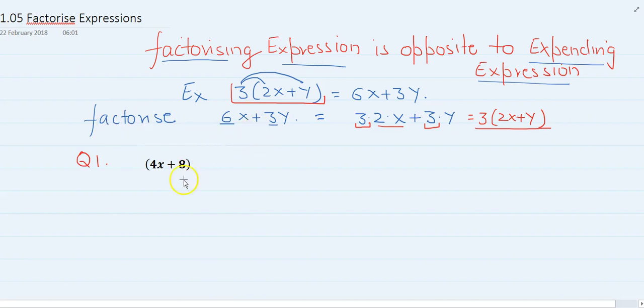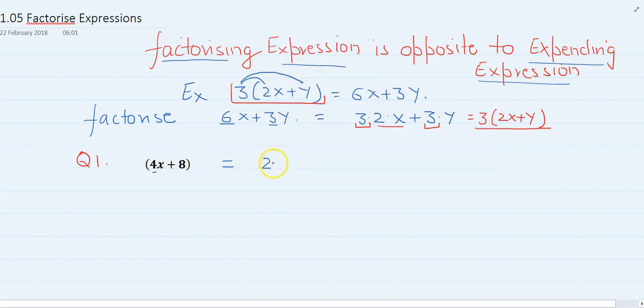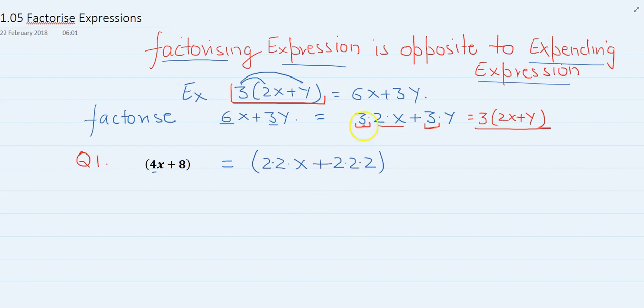Now let's factorize this expression, 4x + 8. The factors of 4 are 2 multiplied by 2, multiplied by x, plus the factors of 8, which are 2 multiplied by 2 multiplied by 2. Now let's see what is common.